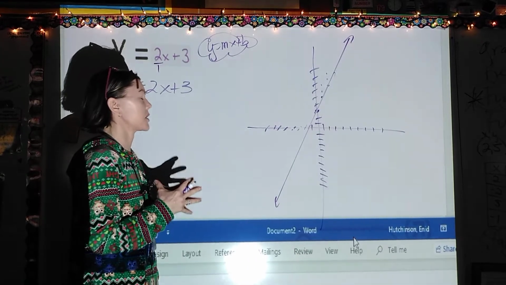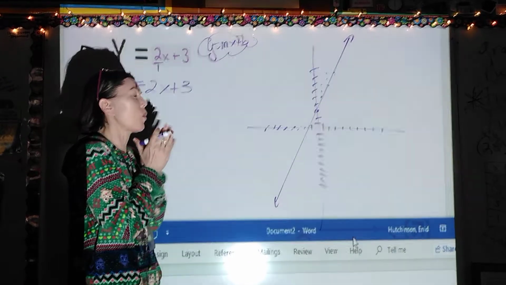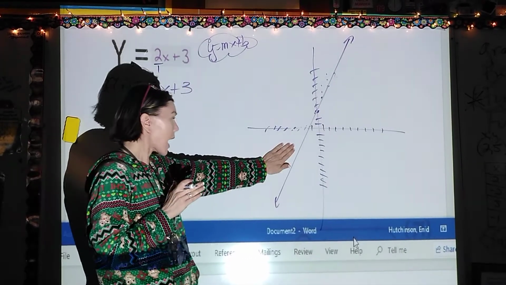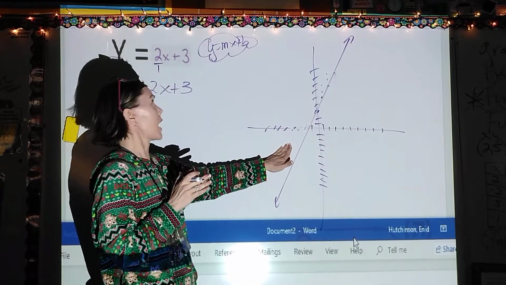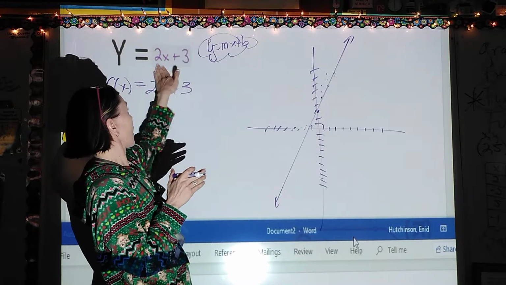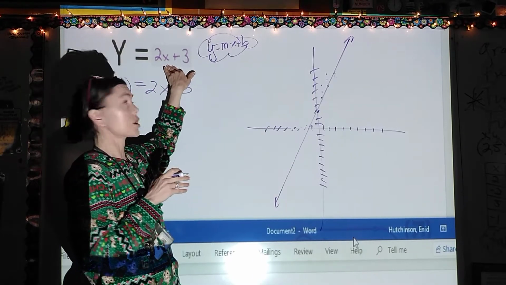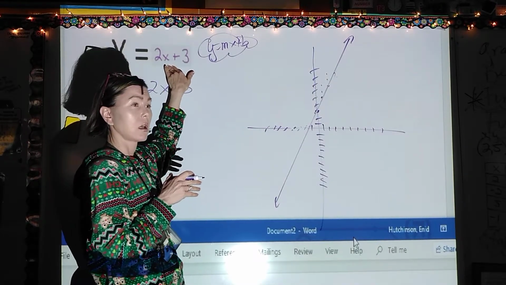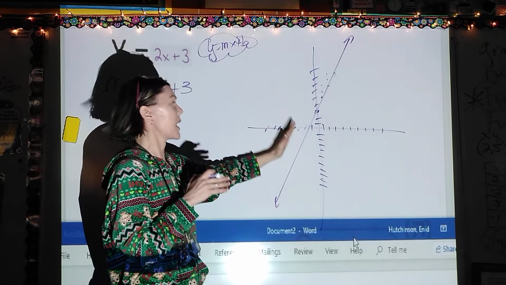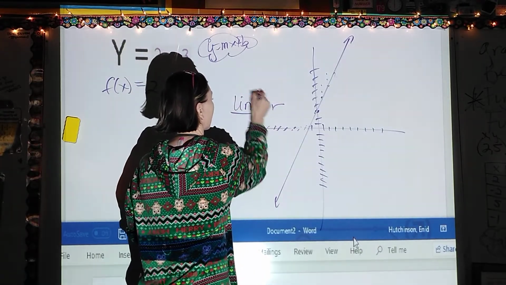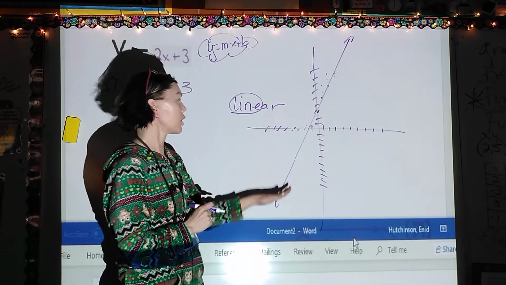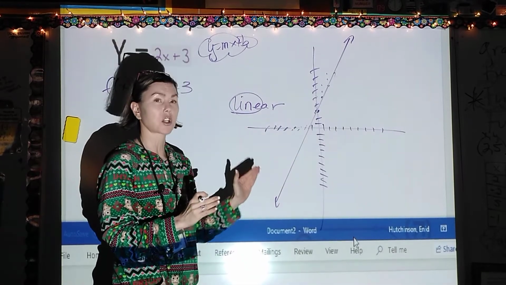Okay. I want you to know that a line, and the equation of a line, y equals mx plus b, y equals 2x plus 3, is the same thing as a linear function. This line is a linear function.